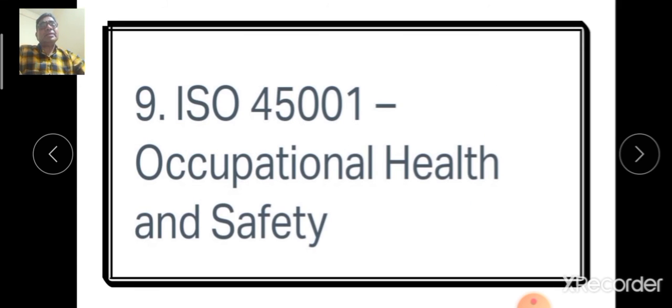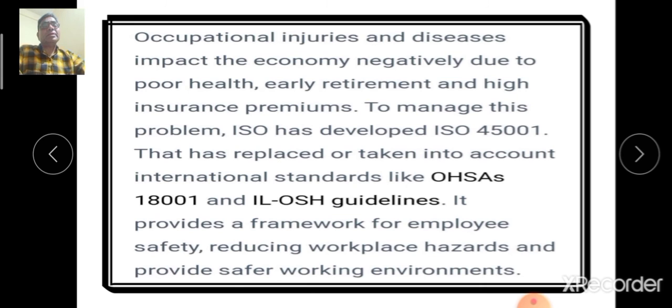The next series is ISO 45001, which is related with occupational health and safety. Occupational injuries and diseases impact the economy negatively due to poor health, early retirement, and high insurance premiums.